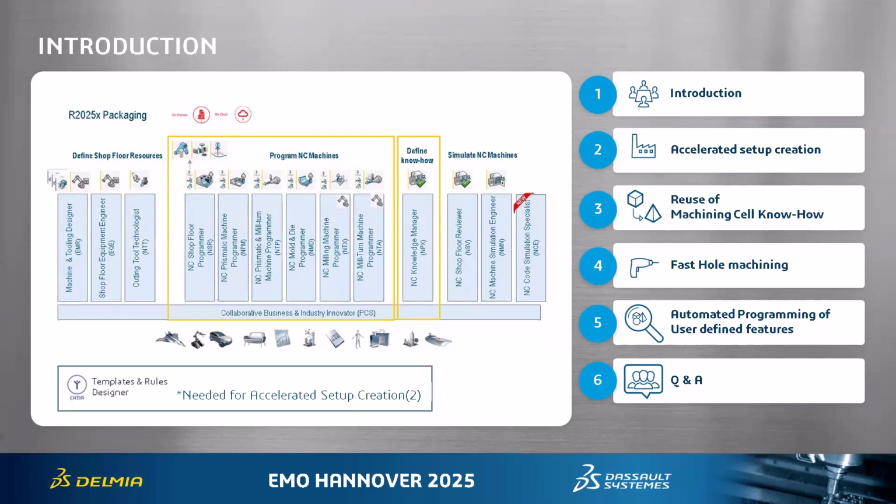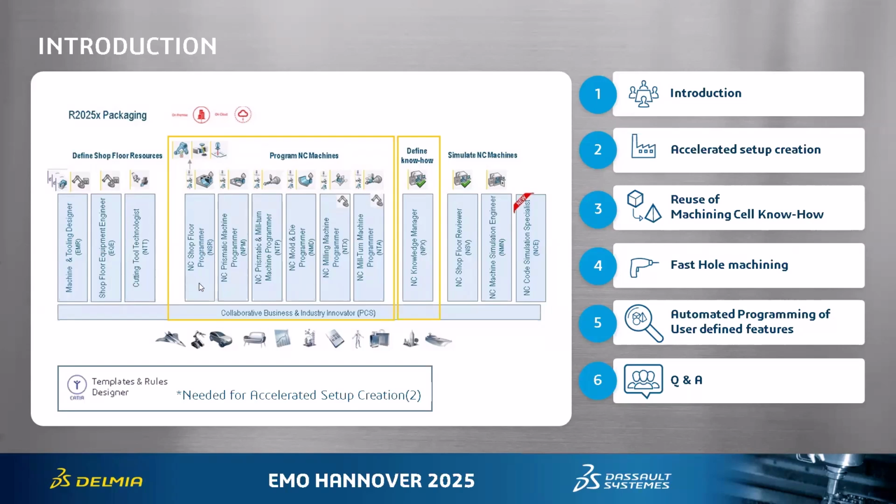This is how it's going to be packaged? Yeah, exactly. So I see that NC Prismatic and Mill-Turn are branded together. Yes, from one side you have possibilities for 2.5 axis milling, and you can do turning operations with this role.